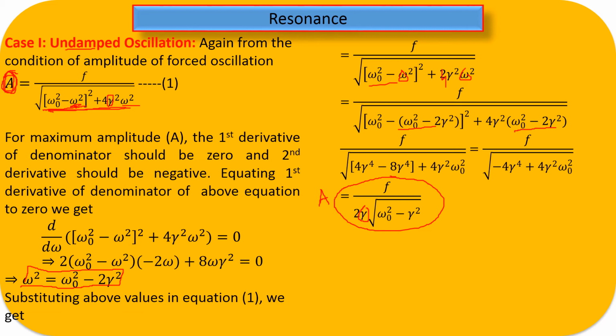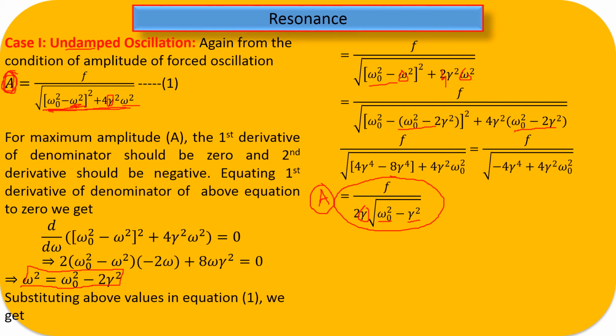So as the value of gamma increases, what is going to be its effect on the amplitude? Naturally it is inversely proportional, right? And then if omega naught square and gamma square are equal, then naturally this term is going to be 0, and then we'll be getting the maximum value of the amplitude.